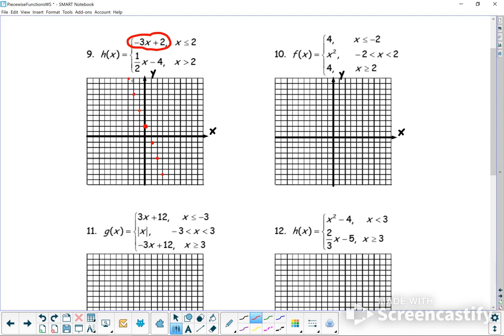So this is your graph right here. But I only want it for values of 2 and less. So 2 is right there, and I want less than that. So basically everything on the left-hand side of that positive 2. Because here's 2. Everything left is going to be right there.